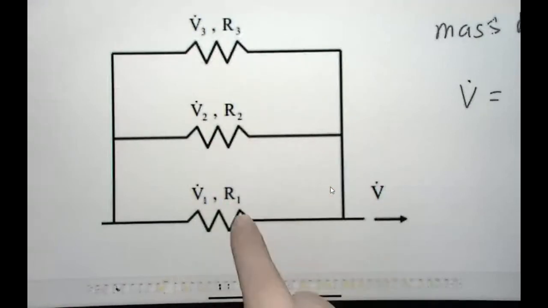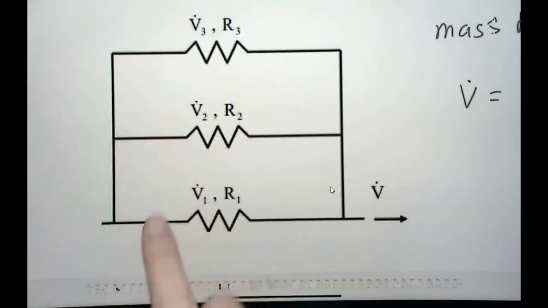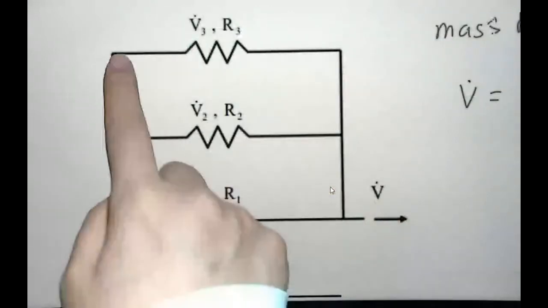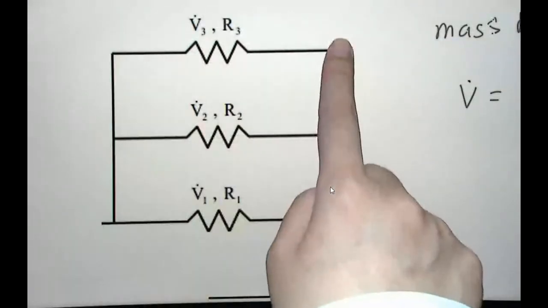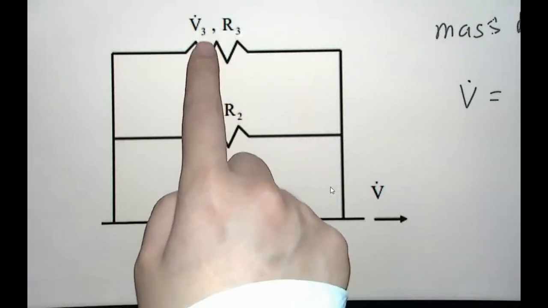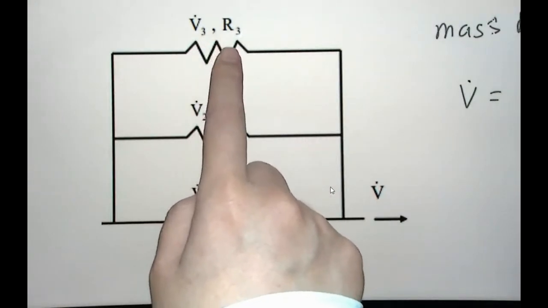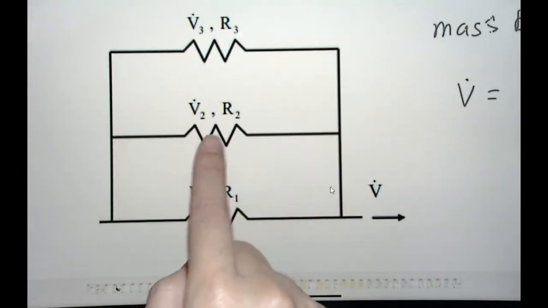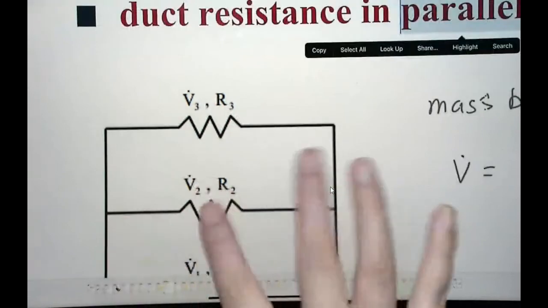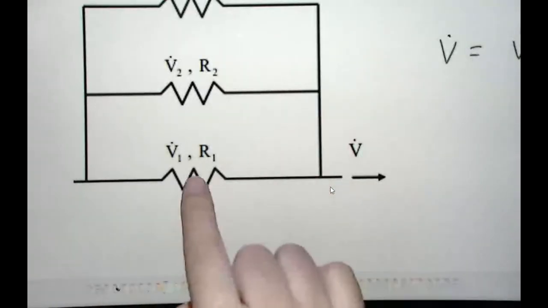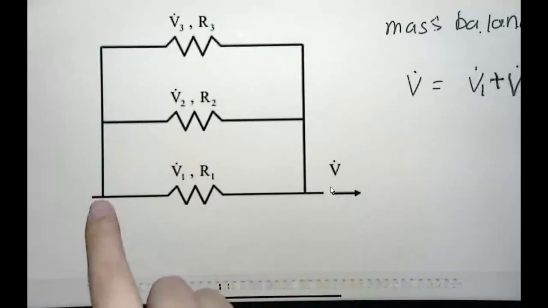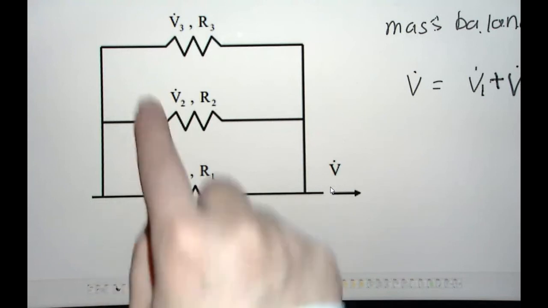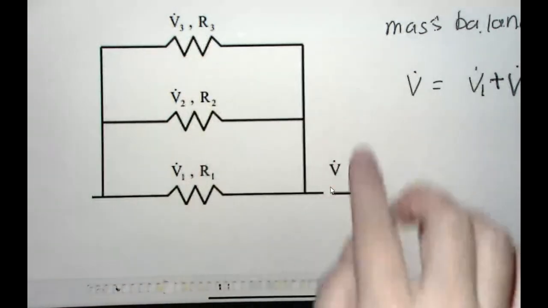Since all the three duct sections are connected in parallel, the pressure difference for duct section number 3 equals the delta P for duct section number 2, and further equals delta P for duct section number 1. And also, this delta P is the same for the system of the three connected duct sections.